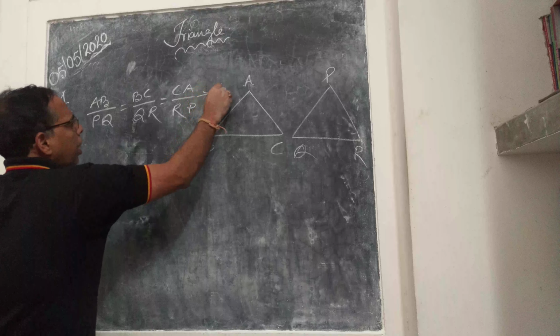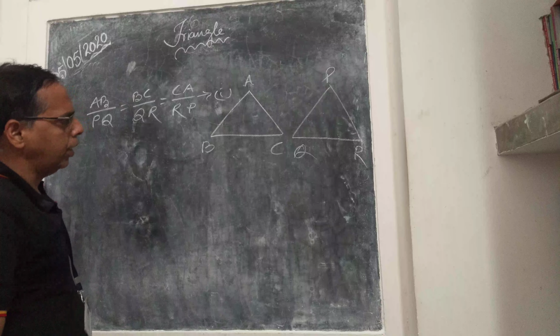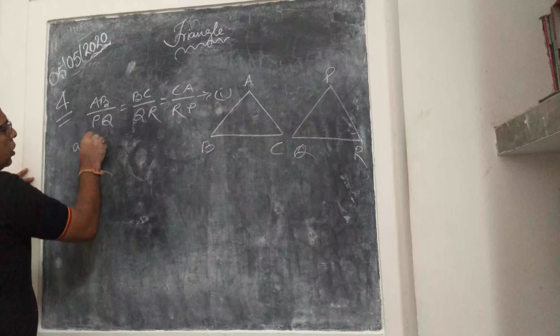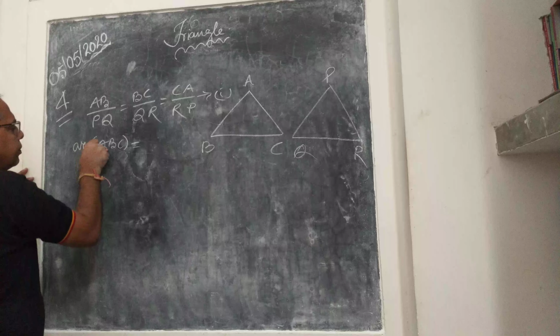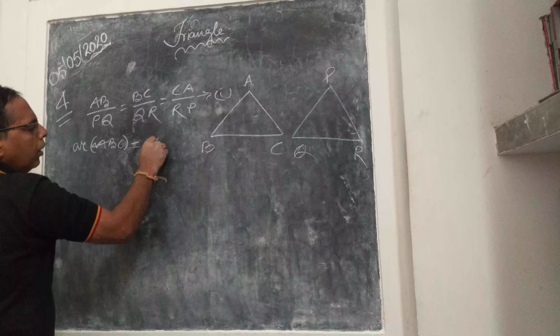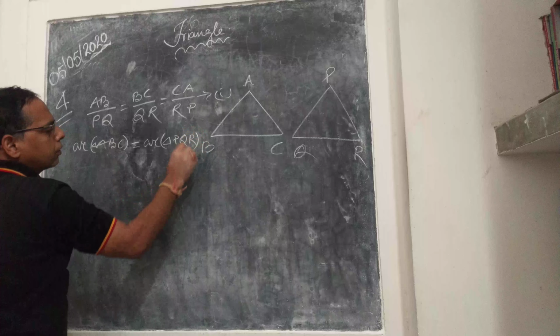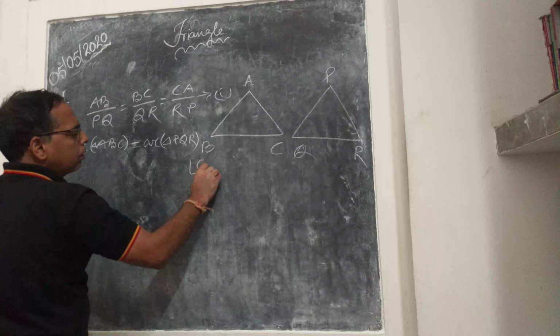This is equation number 1. Got it? Now they have given that area of triangle ABC equal to area of triangle PQR. Then you write given.